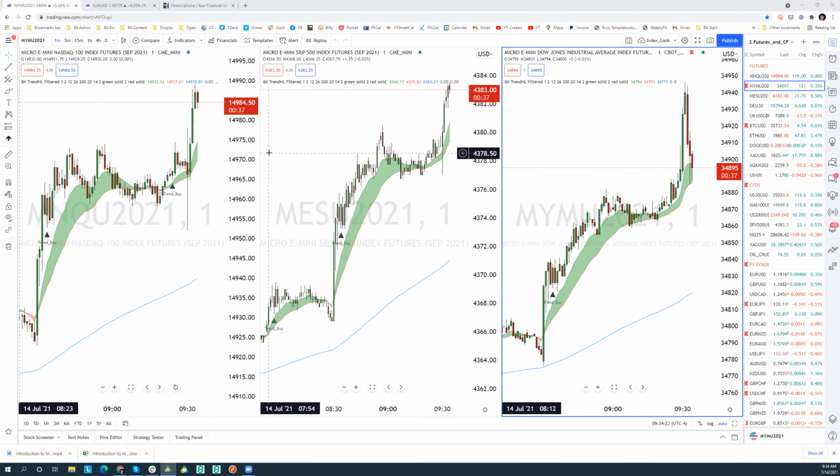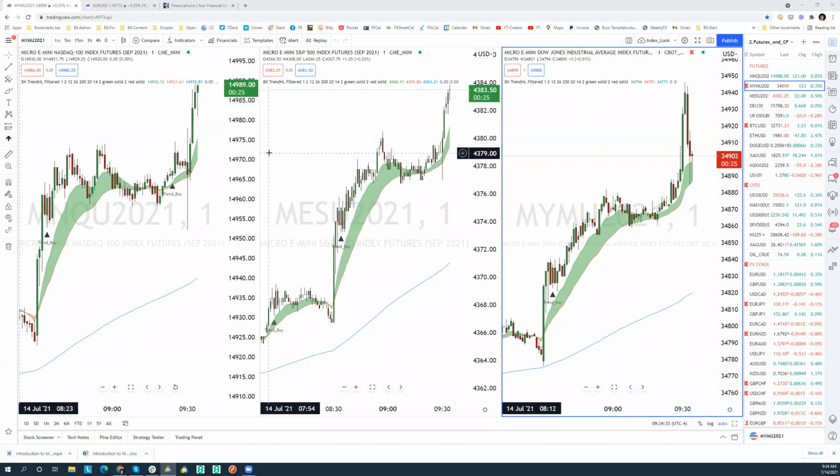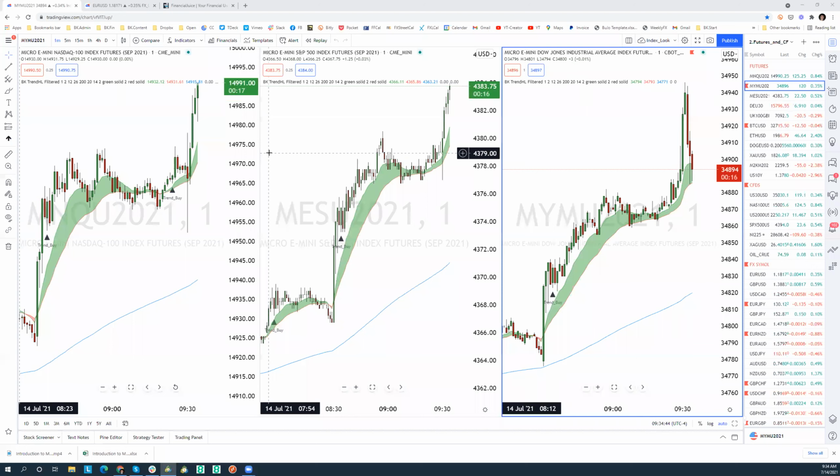When they're this close to such super important psychological levels, there's a huge amount of speculative pent-up demand to run stops there. Once it gets there, it's an open question, but the magnet towards that level really makes me think it's going to be feasible.